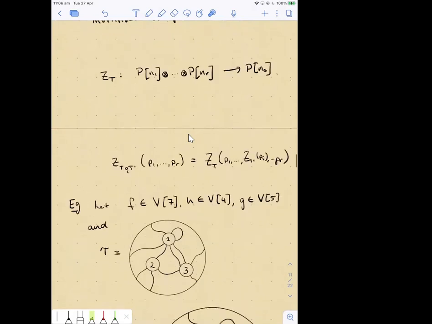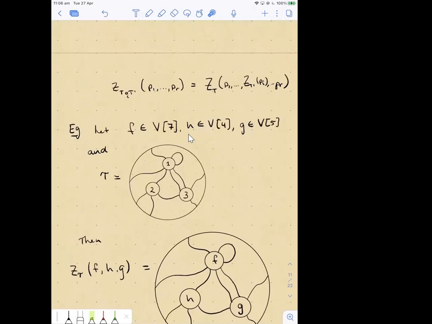If we give an example here, we have an element F in our 7th box space, an element H in our 4th box space, and an element G in our 5th box space. And we have this tangle T here, which has 3 input circles. The first input circle has 7 marked points on the outer, the second input circle has 4, and the third has 5.